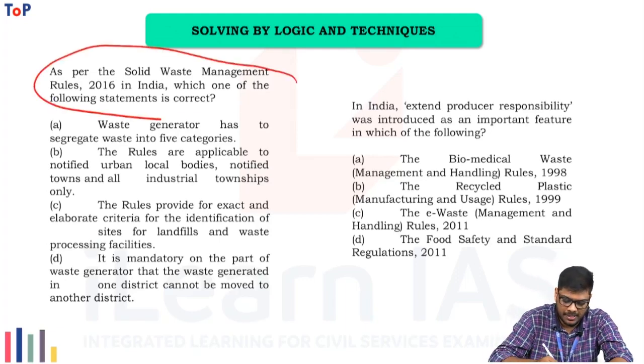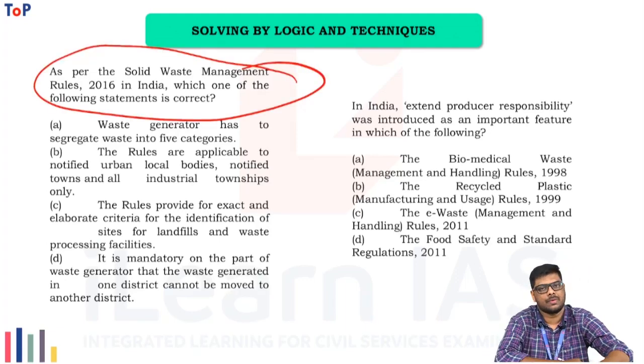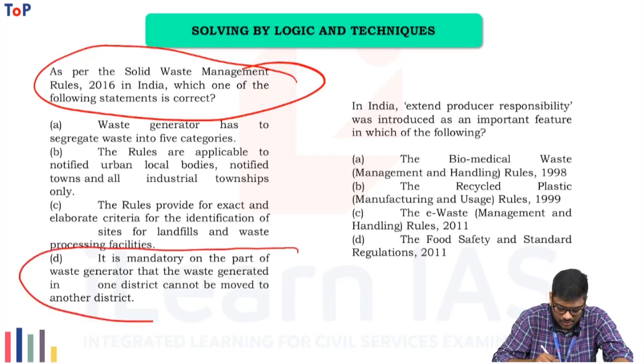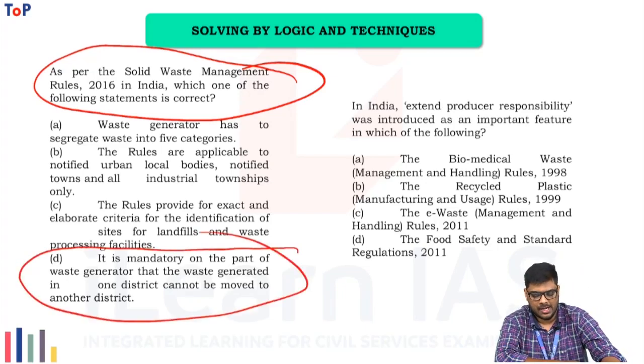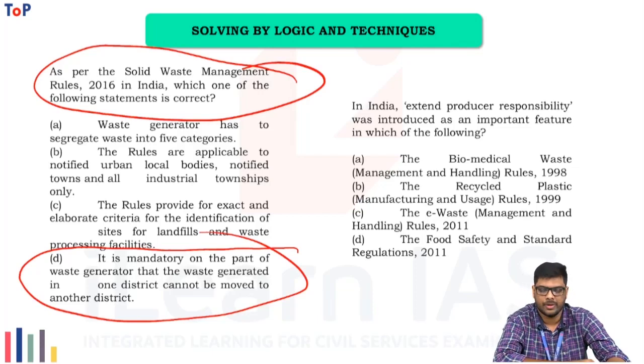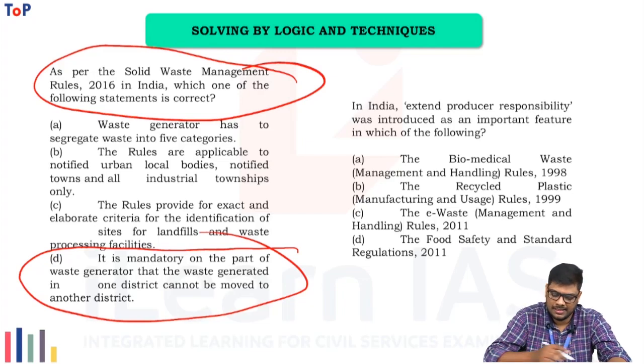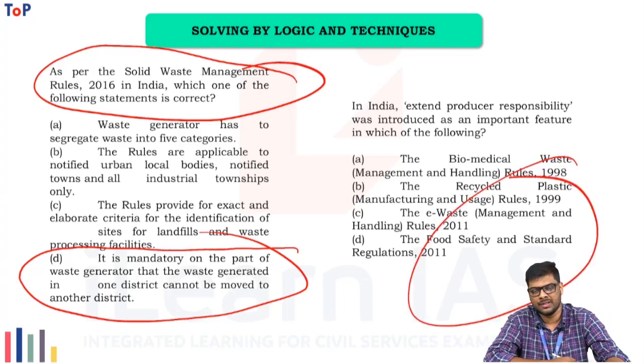As per the Solid Waste Management Rules in India, which one of the following statements is correct? Again, you could have solved this using logic. It is mandatory on the part of the waste generator that waste generated in one district cannot be moved to another district. Is it really correct? Take the example of Delhi. Delhi is a highly metropolitan region.